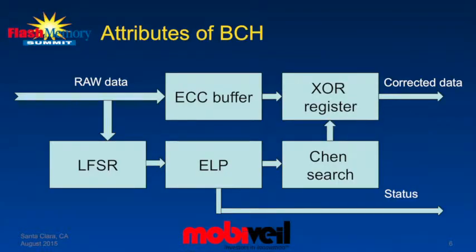So as the number of bits to be error corrected grows, those 2 modules grow linearly. And the chain search especially grows more than linearly because it becomes so big that its physical size alone has requirements for gathering the data so the XOR register, which corrects the data, can function. And of course that's its biggest drawback. But other than that, it has a very consistent performance profile.